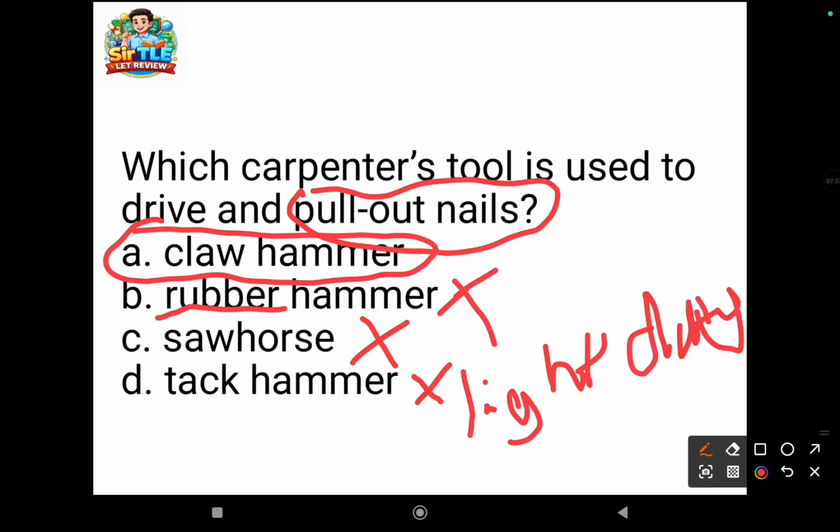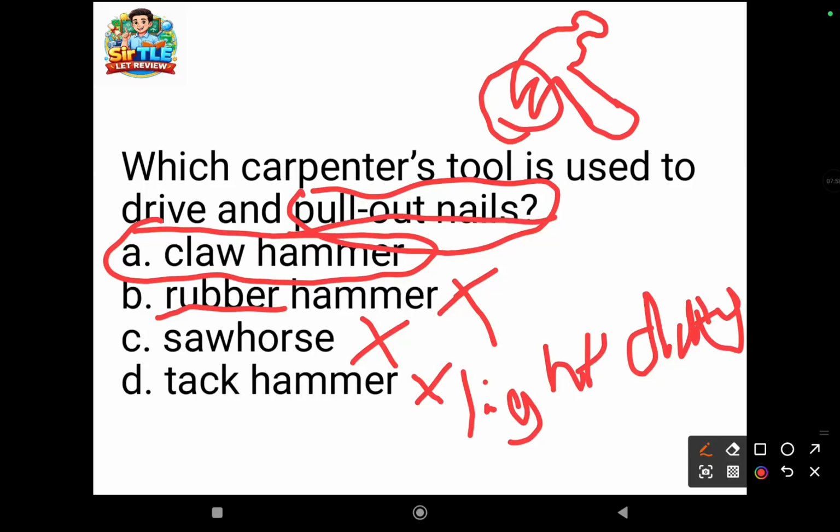Claw hammer. A claw hammer is like this one. This is the famous one. It is used to pull out nails.